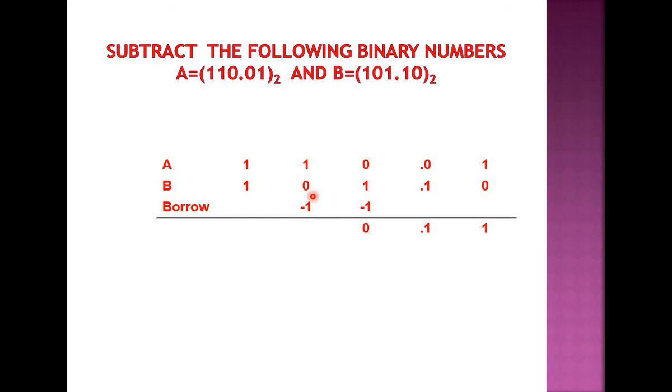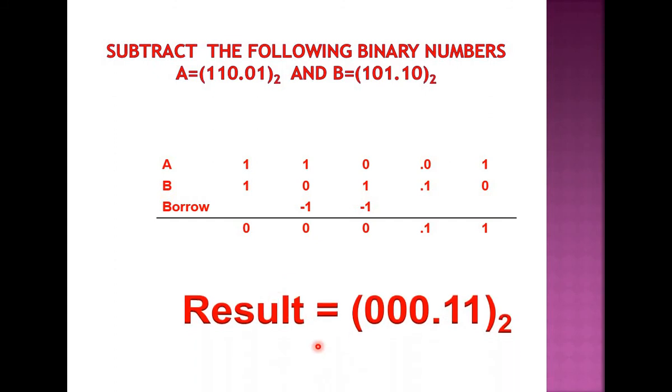Again 1 minus 0 is 1 and 1 minus 1 is 0. Again 1 minus 1 is 0, and so we get the result as 000.11 to the base 2.